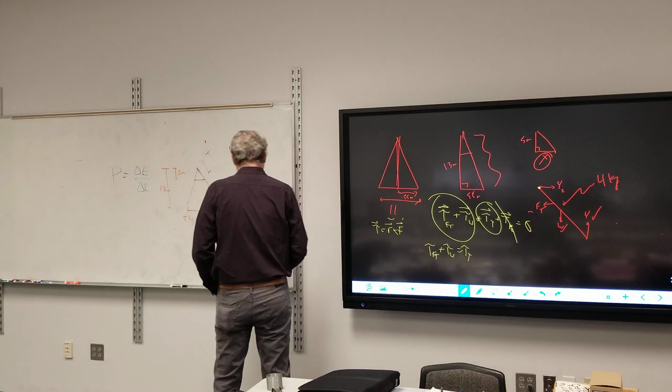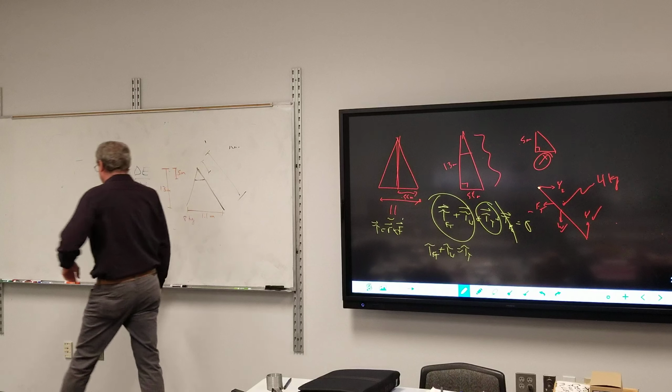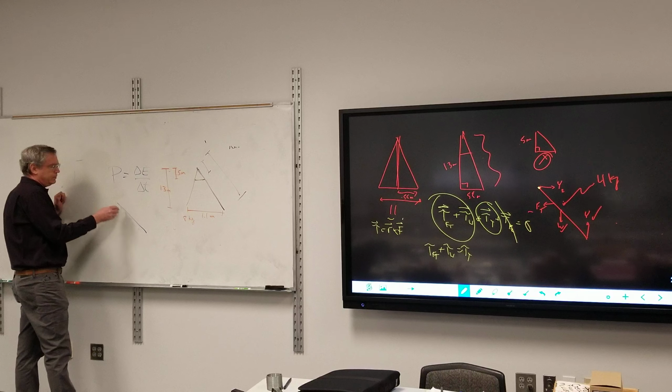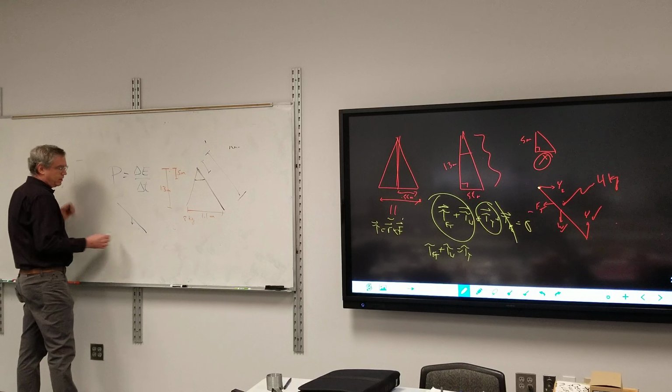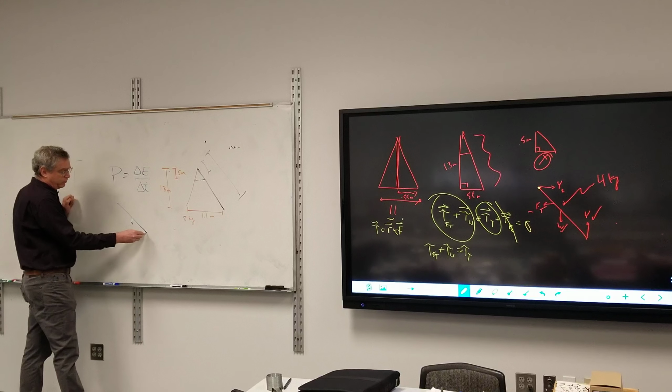When doing R cross F, if I have the weight acting down right there, technically R is a vector from the axis of rotation to where the force is applied.